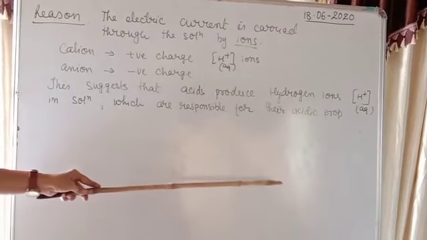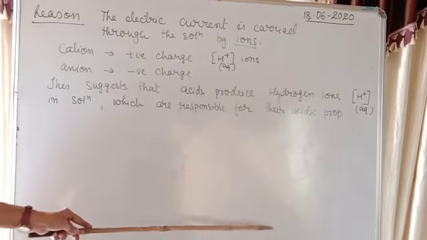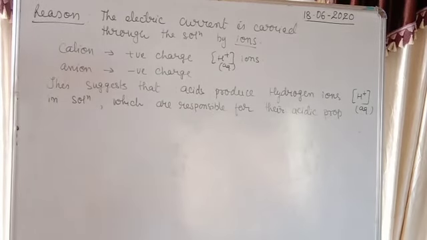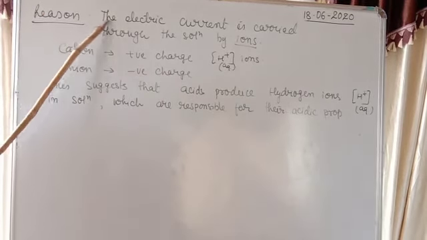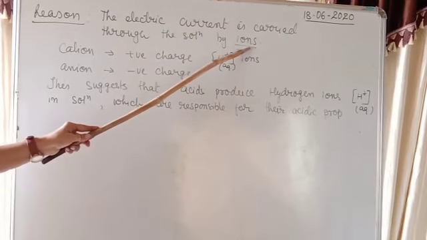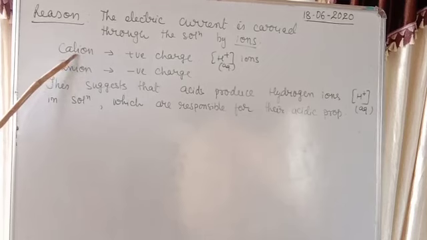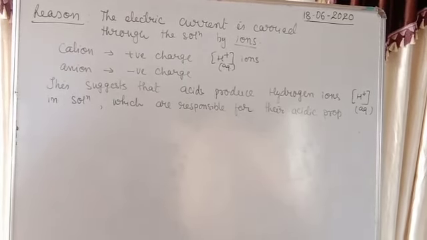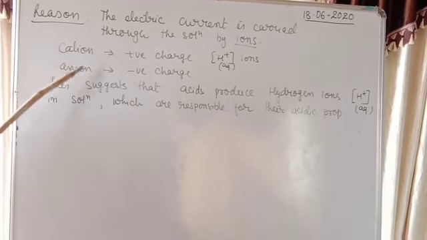We have seen that in that activity when we are taking acid, then only the current flows and the bulb glows. What is the reason behind this? The electric current is carried through the solution by ions. There are 2 types, cation and anion.